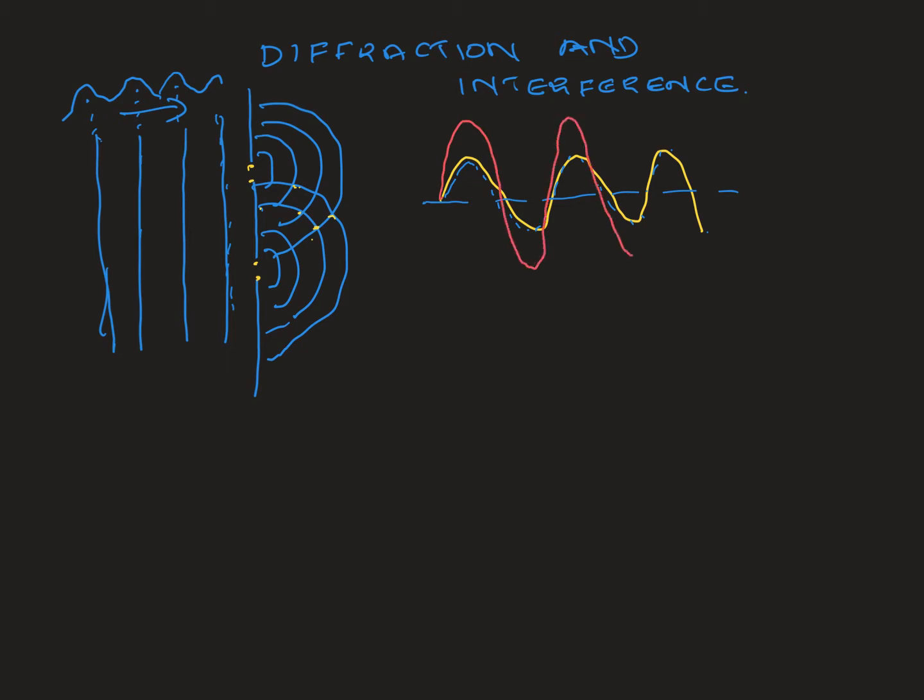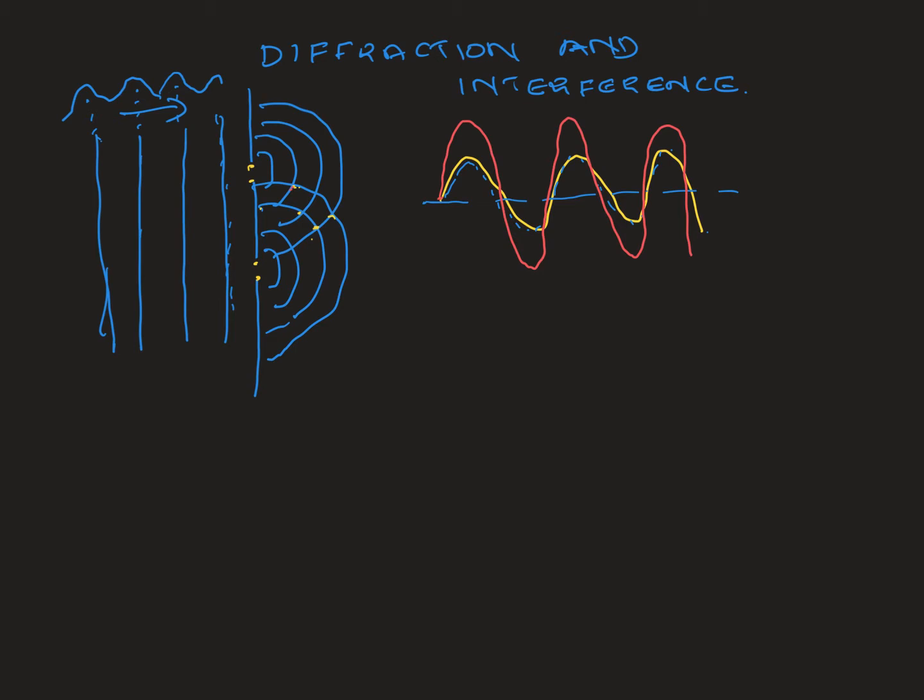So the blue wave and the yellow wave are constructively interfering, and the resultant wave is this huge wave in red. That's what's happening here: the diffracted waves from both slits interfere constructively.